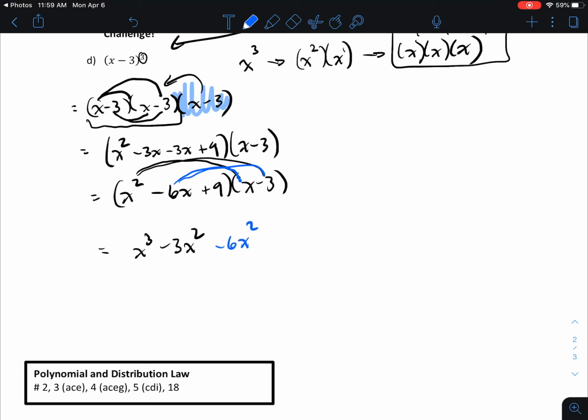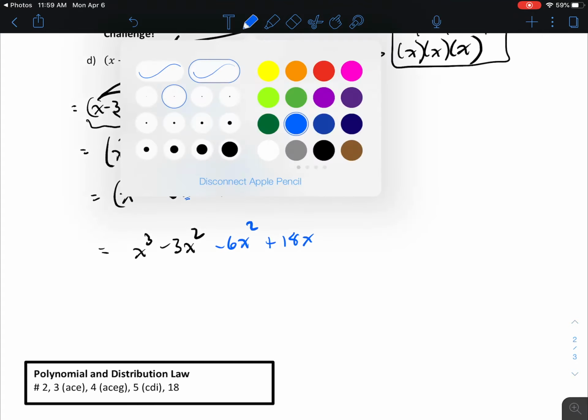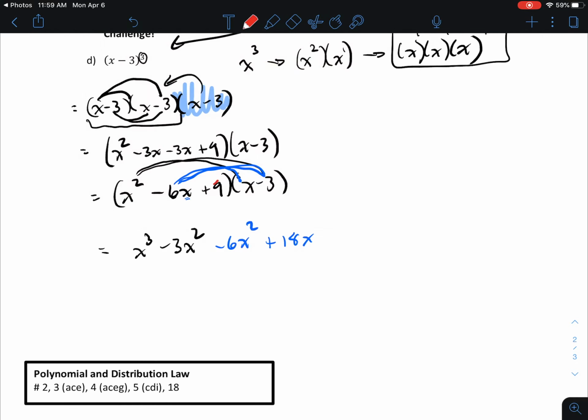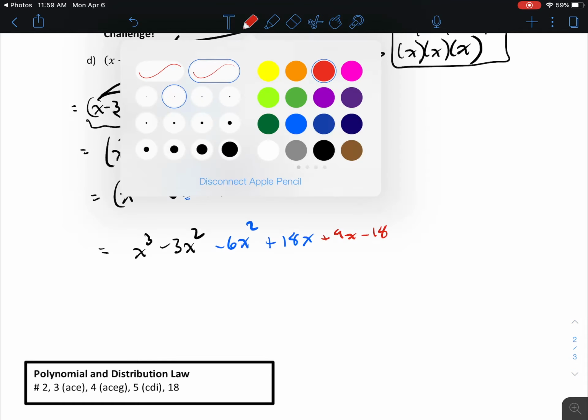That's going to be negative 6x squared plus 18x, because negative 6 multiplied by negative 3 is positive 18, and then there's the x on it, okay? And then the last one you got to do is the 9 times x and the 9 times negative 3. You can kind of see why this is called the rainbow. So plus 9x and then minus 18, okay?